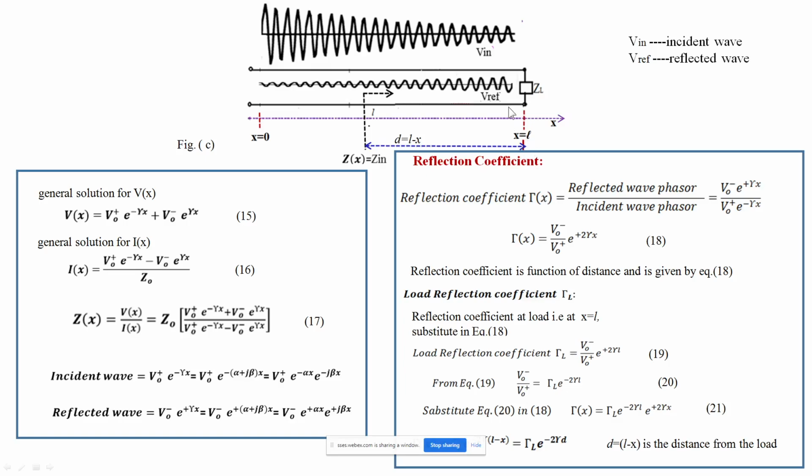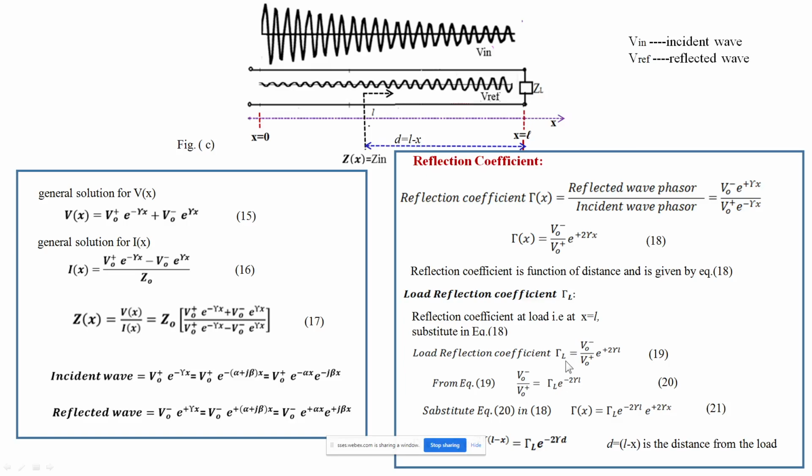That is the load reflection coefficient, tau L, the reflection coefficient at the load, at x equal to L, because we have taken the length of the line equal to L. So substitute x equal to L in this equation 18. That gives the load reflection coefficient, called tau L.